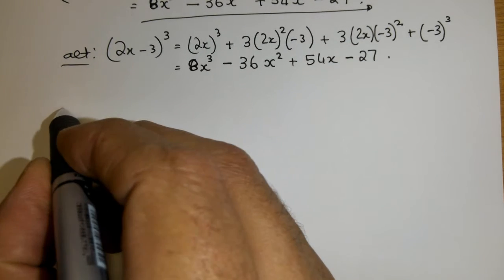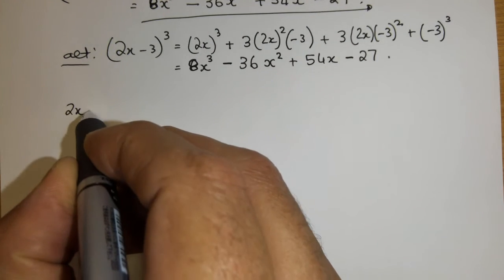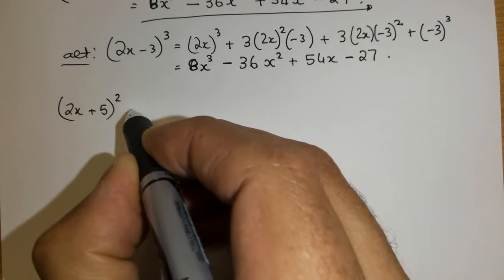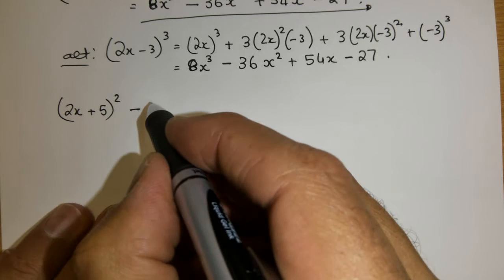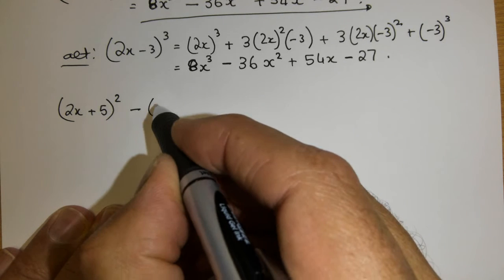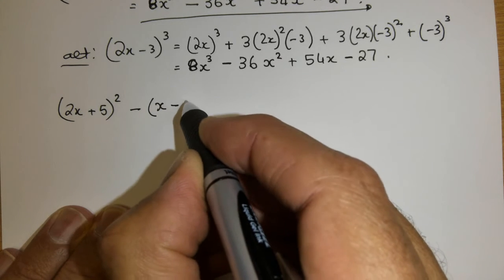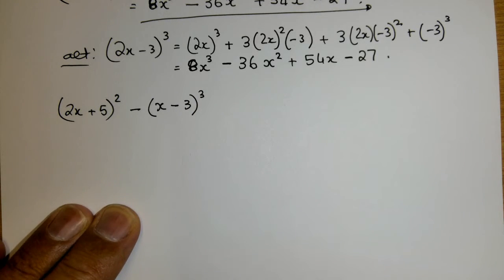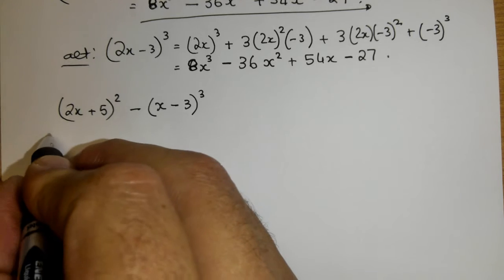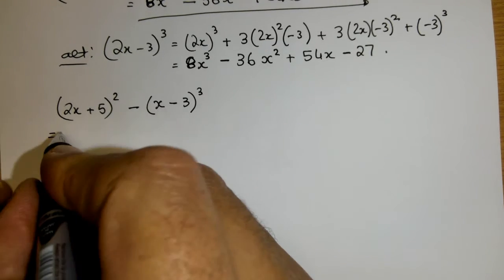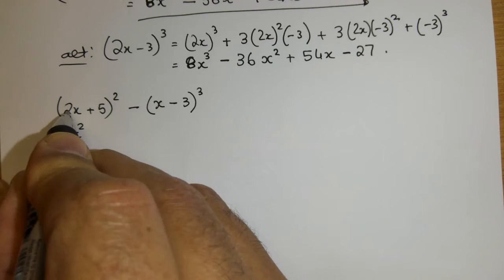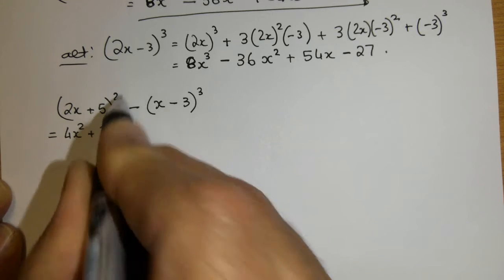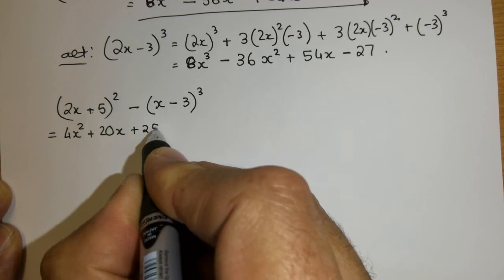I'm going to say find 2x plus 5 squared and subtract from it, let's go with x minus 3 cubed. Okay, let's see what happens here. The first one is a binomial squared. So it's 4x squared, that times that is 10, so plus 20x, plus that squared, which is 25.